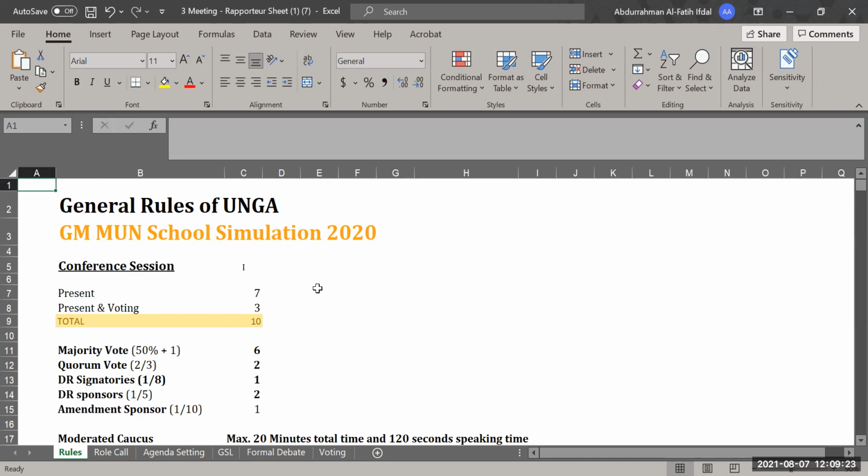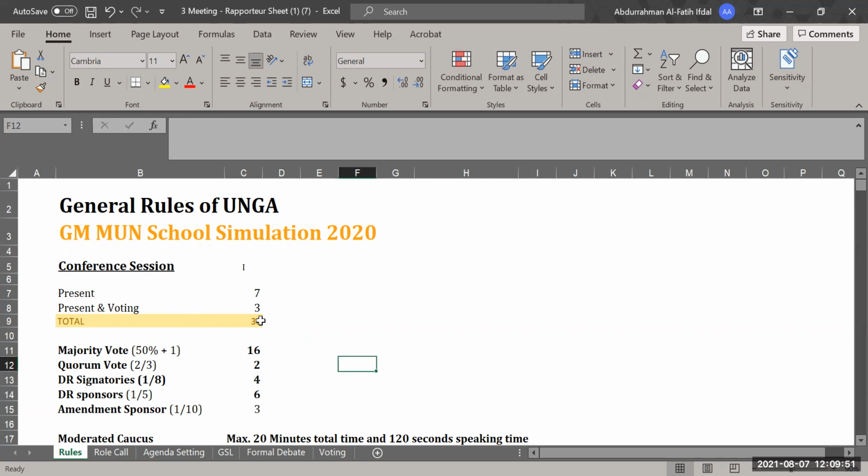But basically what we need to know is the total number of delegates first in order to understand all the rules and regulations. For example, if the council is the United Nations General Assembly, which is this one, and let's say there are 30 delegates participating as representatives of countries, I will put 30 here.